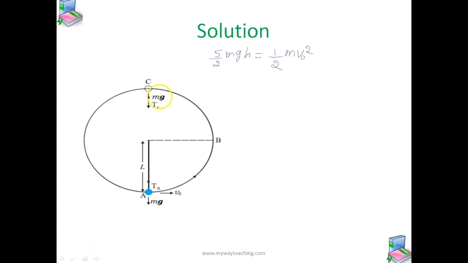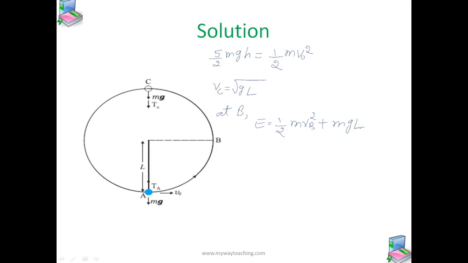So we know that v c is equal to square root of gL, isn't it? So at B, the energy is given by how much? E is equal to half m v b square plus mgL.